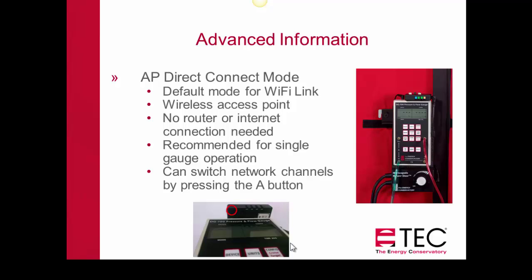If you're having trouble, if you're in a noisy Wi-Fi environment, so when you look at what networks are available, there's pages and pages of them. So maybe if you're right near an apartment complex, or you're in an apartment complex where there's a lot of Wi-Fi noise, or next to a hotel or something like that, you can switch network channels by pushing the A button, and you can see that's a button on the bottom of the gauge, and you'll be able to feel that.